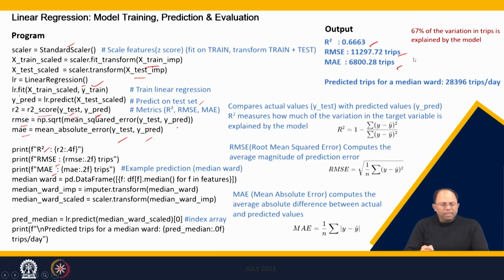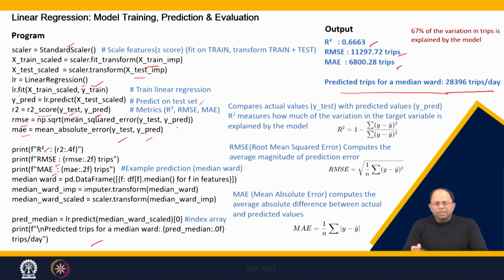And then I take a hypothetical median ward, that is, for all the wards that are there, I take one of the wards, a median ward, and try to predict the trip generation using this model for that median ward. And that is what has been done over here. We have predicted trips for a median ward, and it comes to around 28396 trips per day.